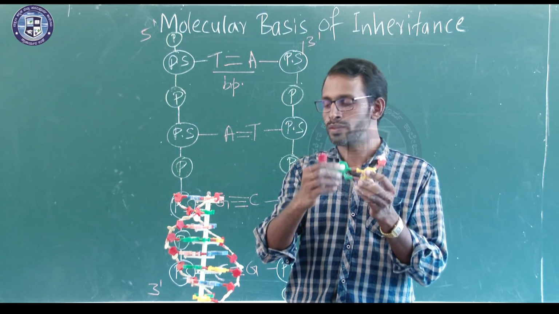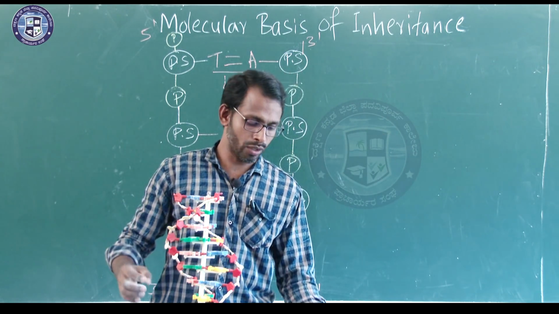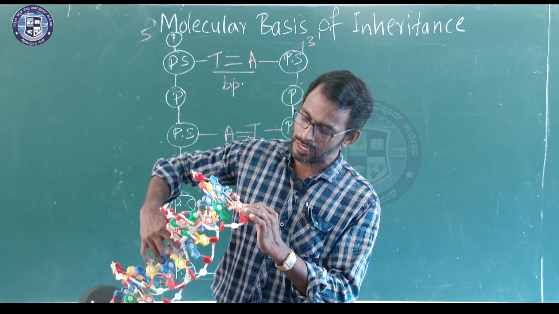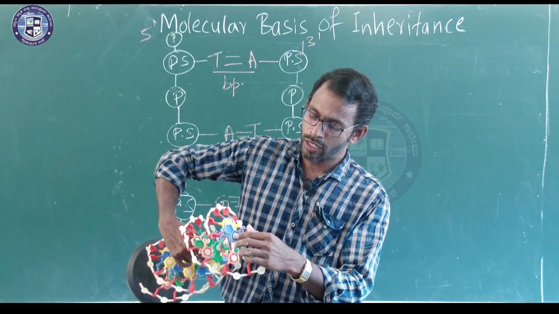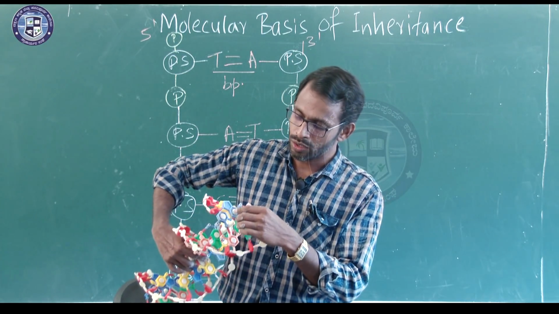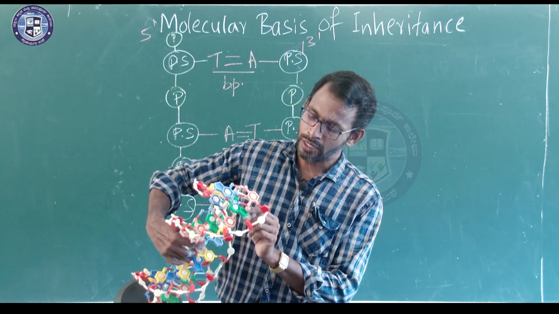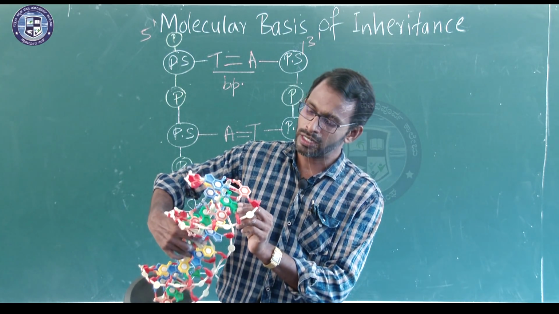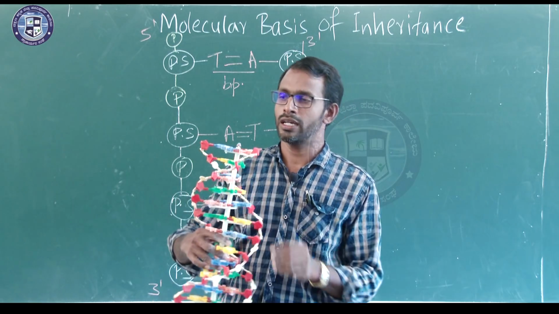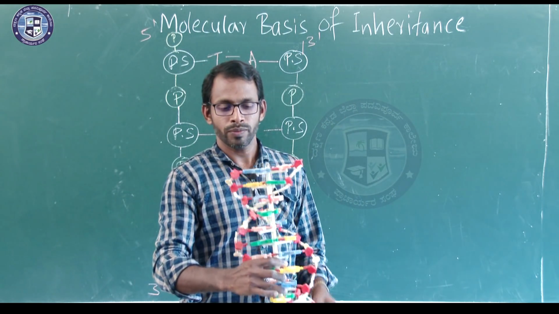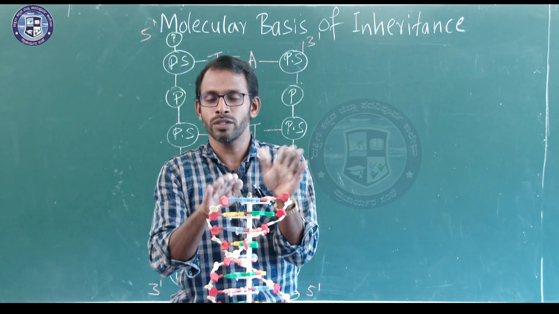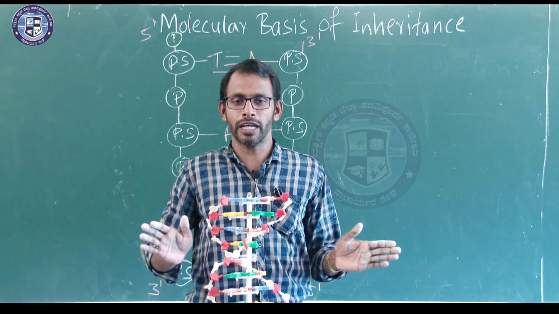Okay. Now, here you can locate the red colored one as cytosine, the blue colored one as guanine, the yellow colored one as thymine, and the green colored one as adenine. Now, this particular pattern will remain the same in any type of DNA.